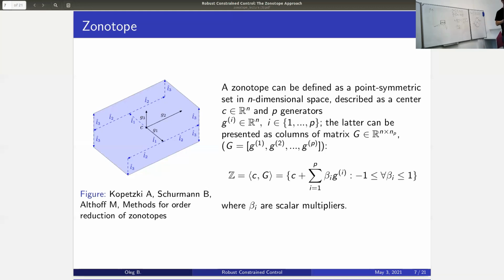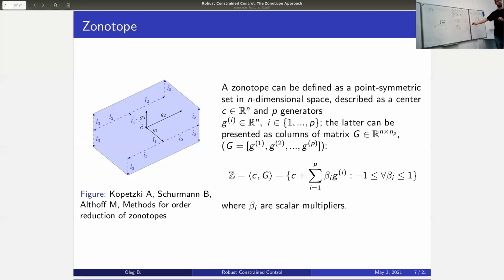Any question about Zonotope? Just one question. The last element of the generator should be 0.01, right?